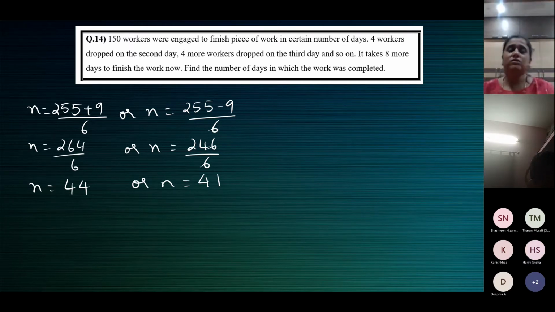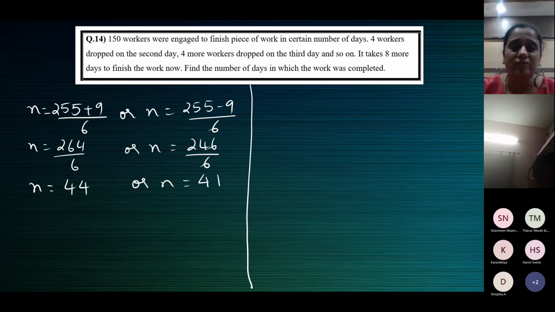No, because they are arranged in one of the two ways, either 41 or 44. It cannot be both. Since the numbers are neither negative, you don't find any obvious reason to reject either of the two numbers.